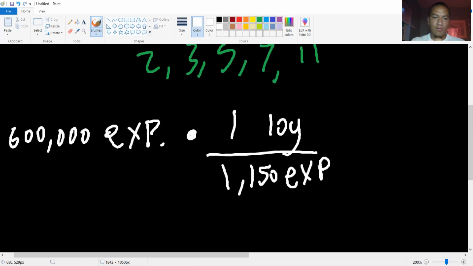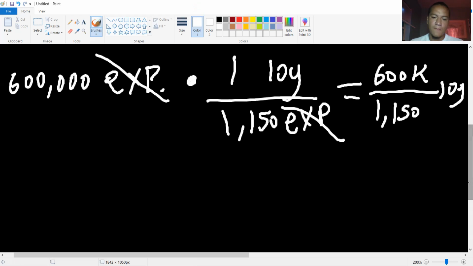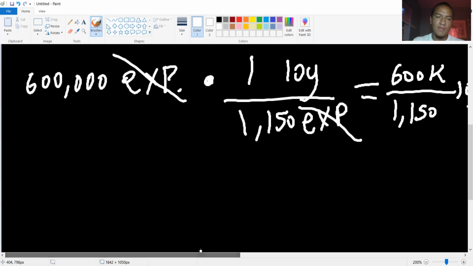And if we see that the experiences cancel out, you get 600K, short for 600,000, divided by 1,150, and then logs. So that's how many logs I needed to cut. Give me something like 580 something. The number is not really too important. Let's just assume it's 580.